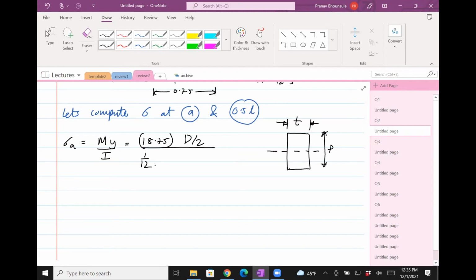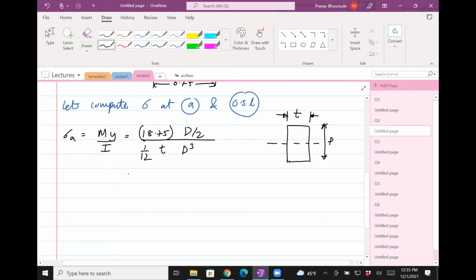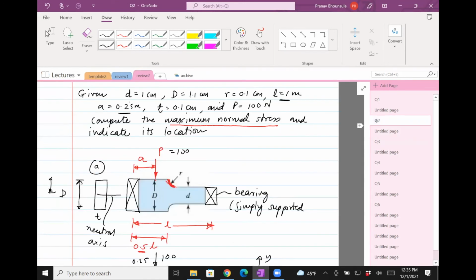B is T, and then the H cube is D. So I'm going to sub in the value for D. I think I gave D as 1.1 centimeters, and then T is 0.1.